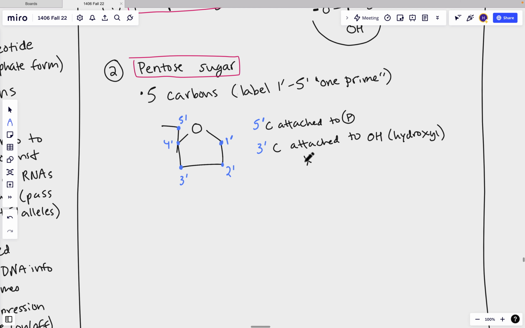That's important because that's where the reaction is. The reaction to build polymers happens at the hydroxyl group and the phosphate group on the next one, really. The phosphate group on the next nucleotide attaches onto the OH group of the previous nucleotide.